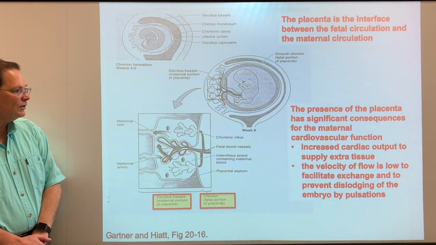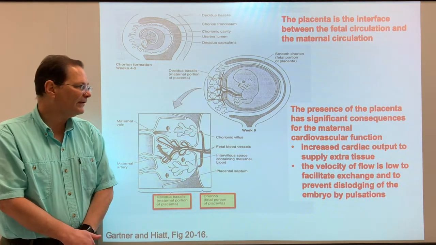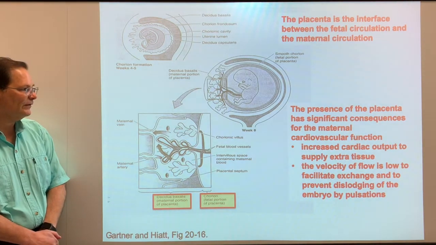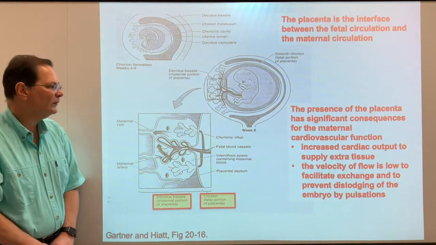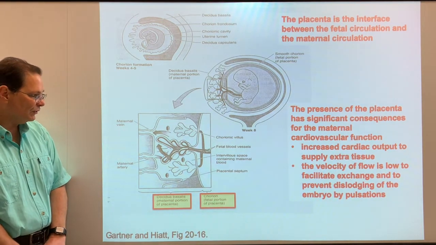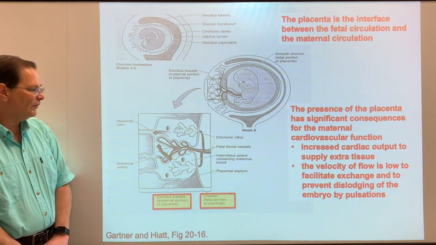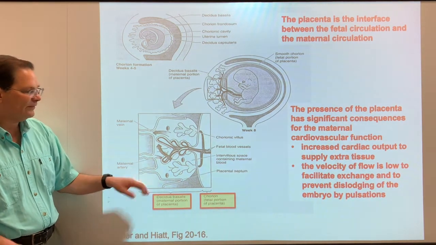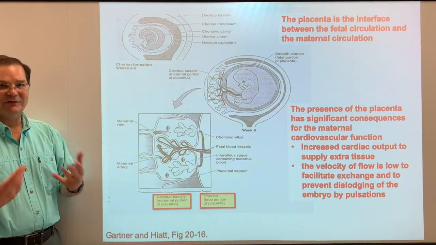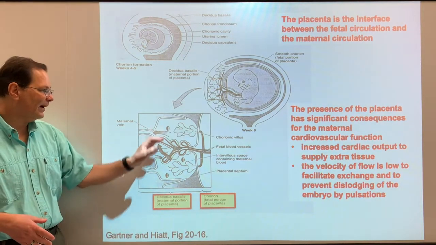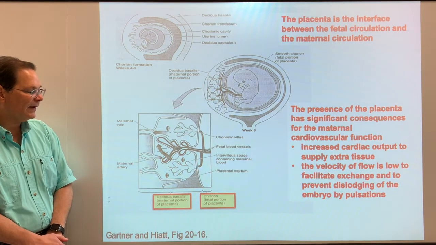So you should note that the presence of the placenta has significant consequences for the maternal circulation. First of all, you have to increase the cardiac output to supply the extra tissue. And second of all, the velocity of flow in this area has to be really low, because in order to facilitate exchange, you want to allow plenty of time for exchange of material to take place here.